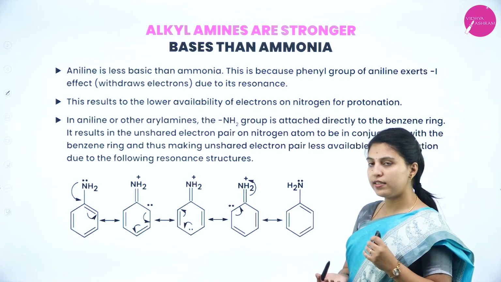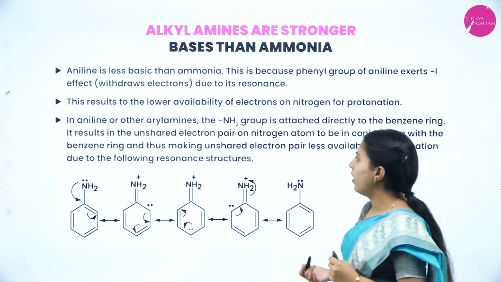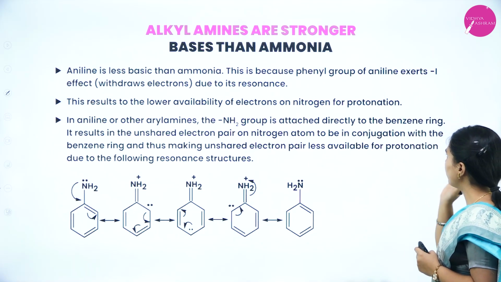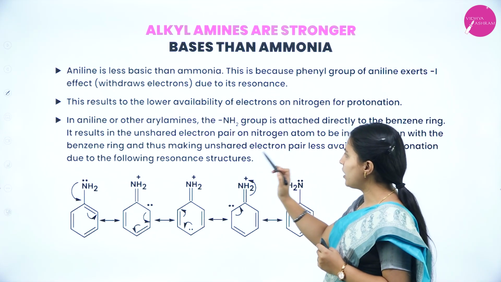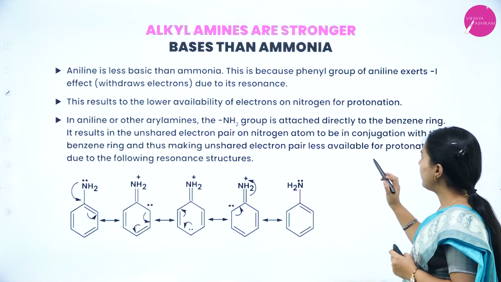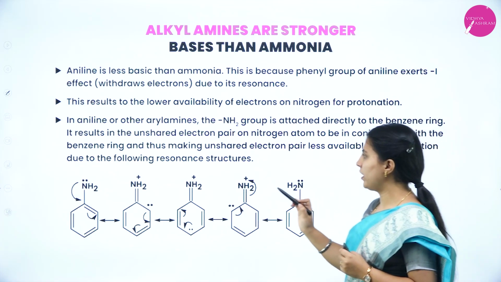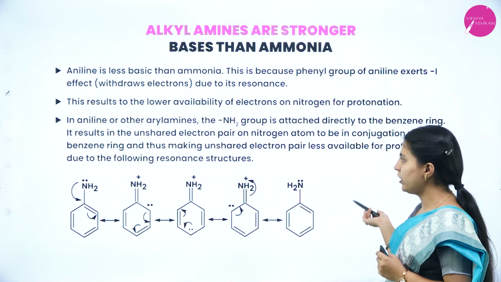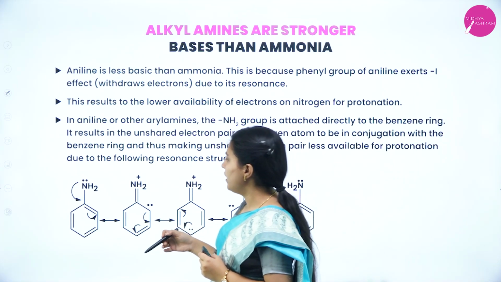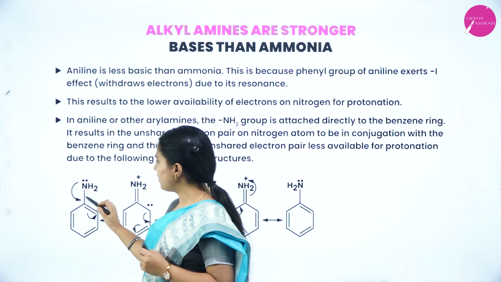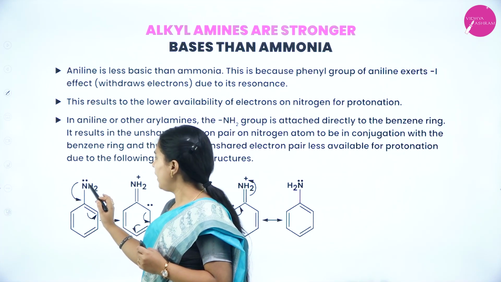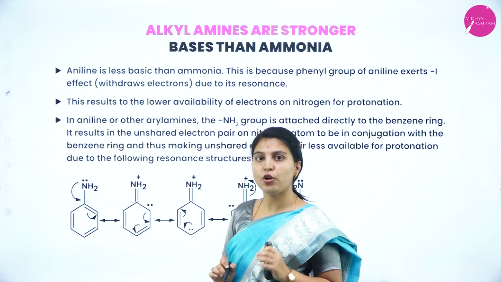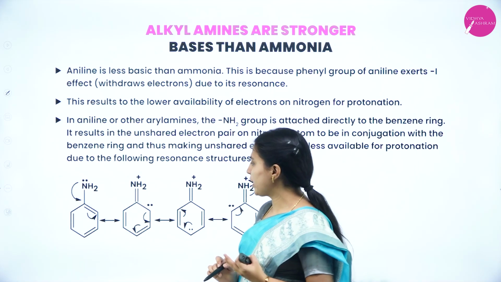So this results in lower availability, and in aniline or other aryl amines, the NH2 group is attached directly to the benzene ring. It results in the unshared electron pair on the nitrogen atom being in conjugation with the benzene ring, and thus making the unshared electron pair less available for protonation due to the following resonance structures. See here, nitrogen is attached to this benzene ring, and that lone pair of electrons of nitrogen is in conjugation with the benzene, not available for further reaction with acid.